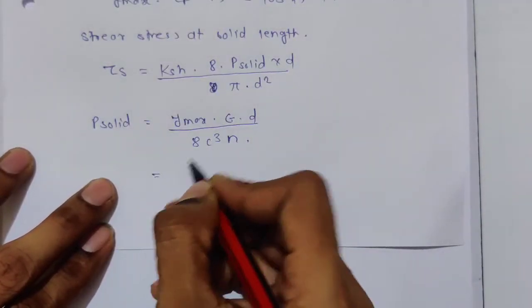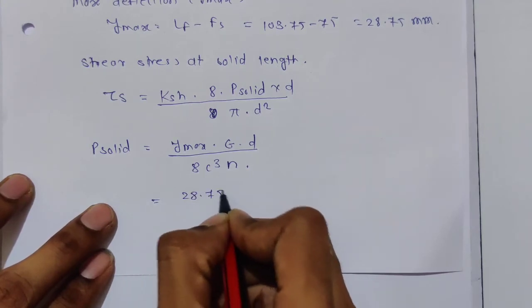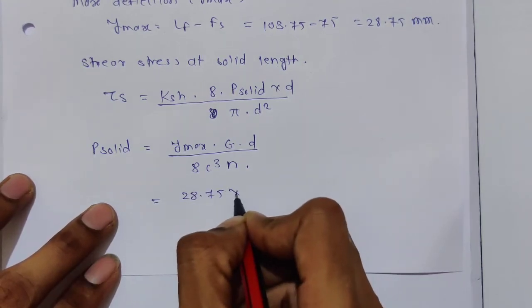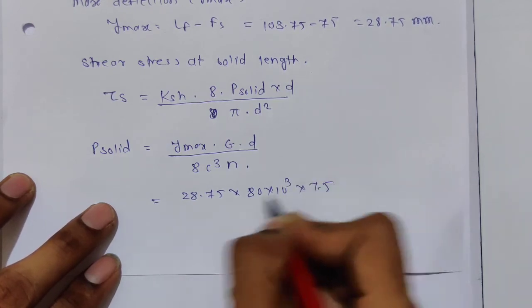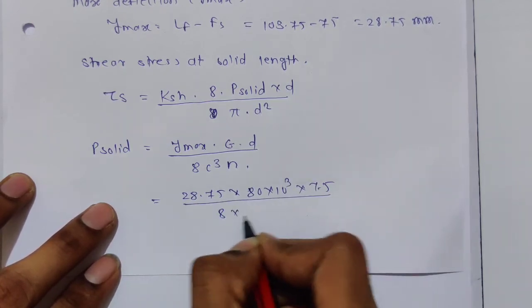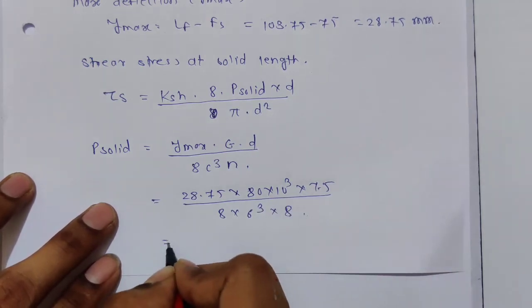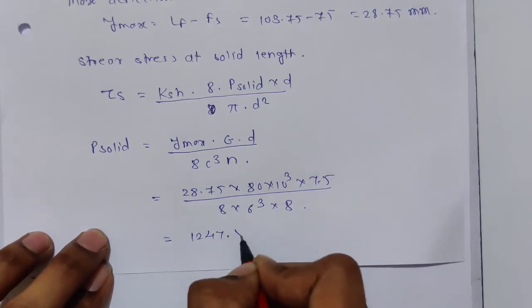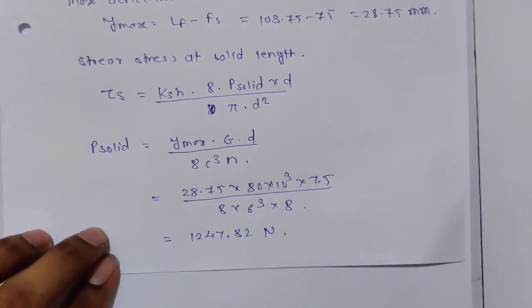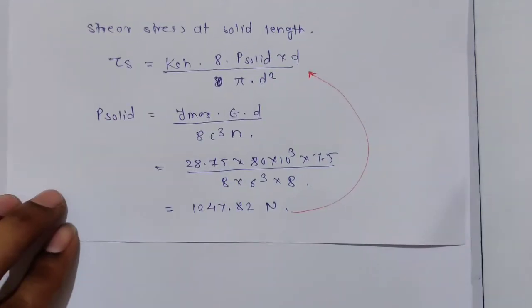y max is given as 28.75, into the value of G, which is 80 into 10 raised to 3, the value of d is 7.5, upon 8 into C cube, which is 6 cube, into the number of turns, and you will get P solid as 1247.82 Newton. Now put this value over here and find tau max or tau s.